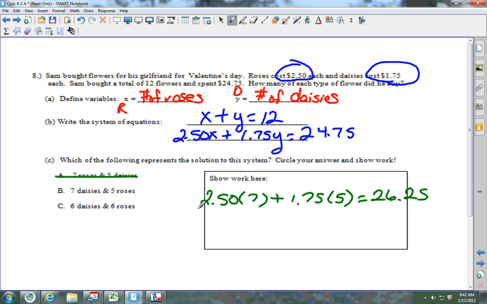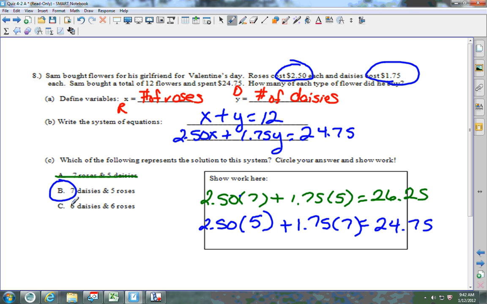If I go and try the next one, 2.50 times, not 7, how many roses did he buy? 2.50 times 5 plus $1.75 times 7. When you multiply those, you get $24.75. That should be your answer, 7 daisies and 5 roses.